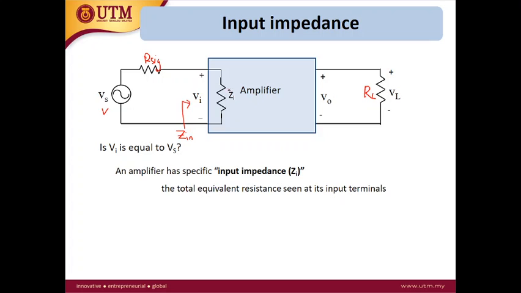This is defined as Zi. Since we have Zi here, Vi can be analyzed using the voltage divider. So Vi is equal to Zi over Zi plus Rs, times Vs.